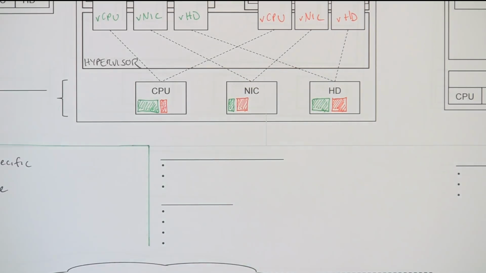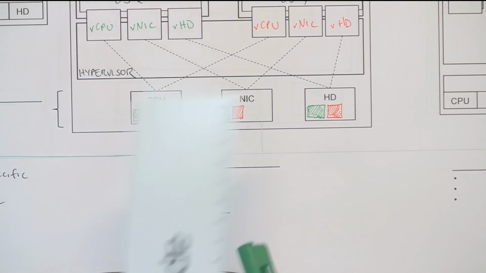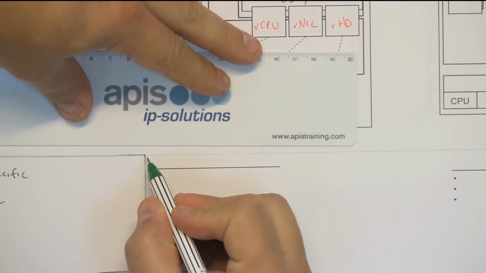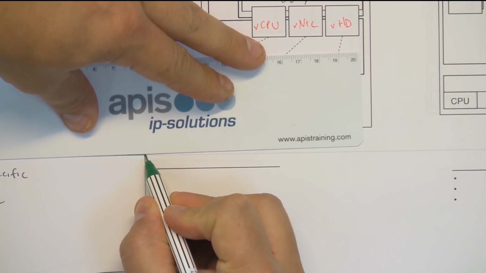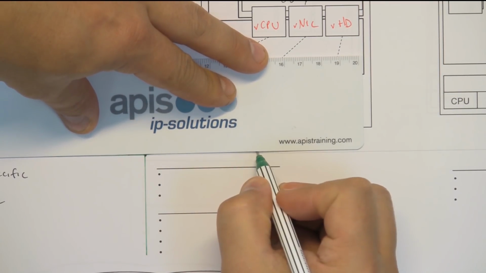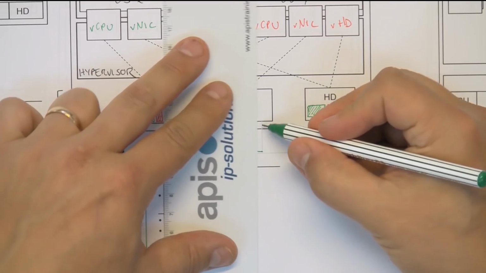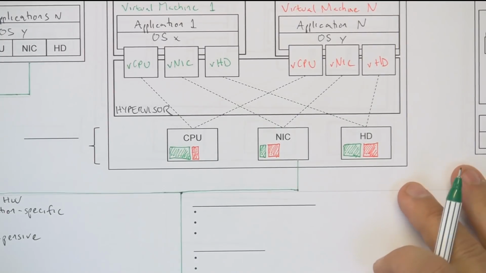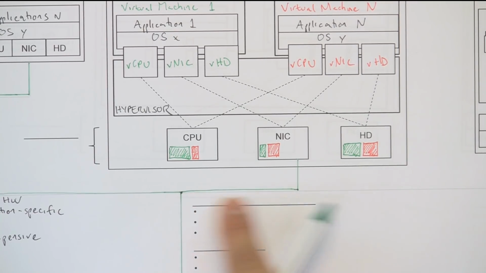So let's take out the green pen. And do this and that. And perhaps you will actually hit the line a little bit better than I just did.